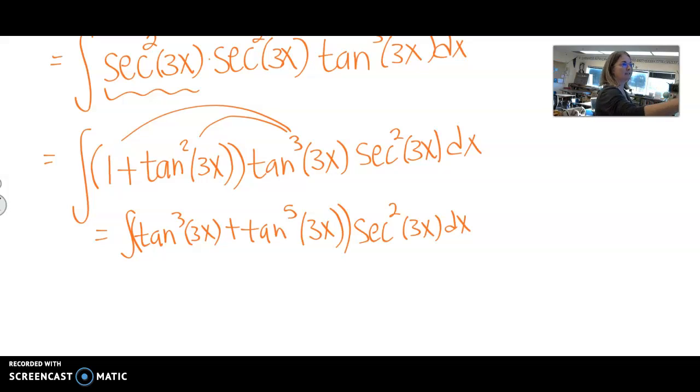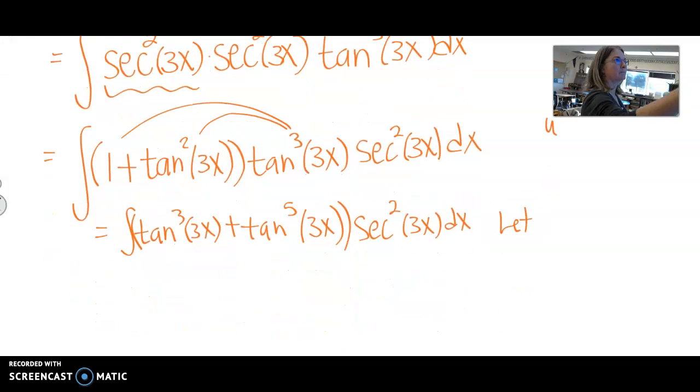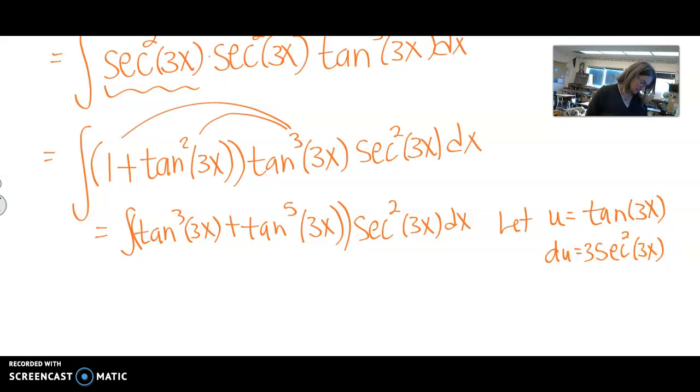If you let u equal tangent of 3x, then du will be secant squared 3x times the derivative of the inside, so times 3 dx. All right, so I almost have my du right here.